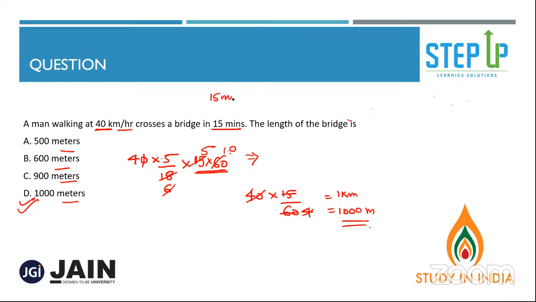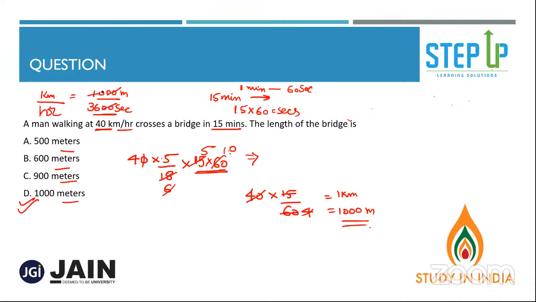15 minutes we need to convert into seconds. So 1 minute has 60 seconds, so 15 minutes will have 15 into 60 seconds. How 5 by 18? 1 kilometer per hour is equal to 1000 meters by 3600 seconds. Kilometer can be written as 1000 meters and hour can be written as 3600 seconds.